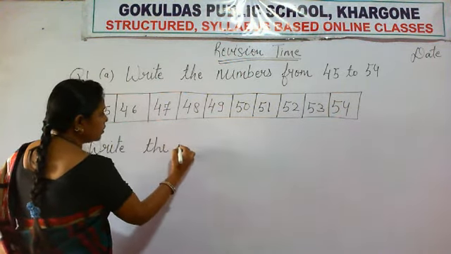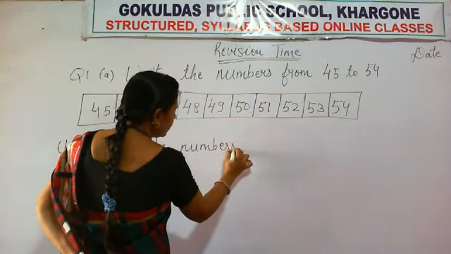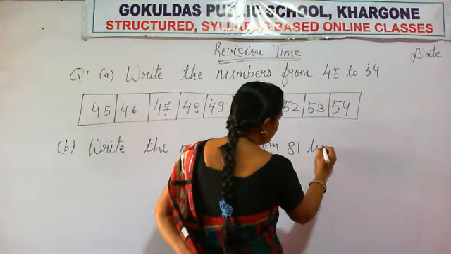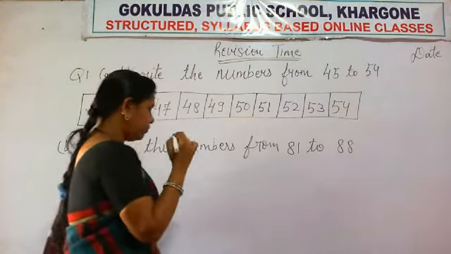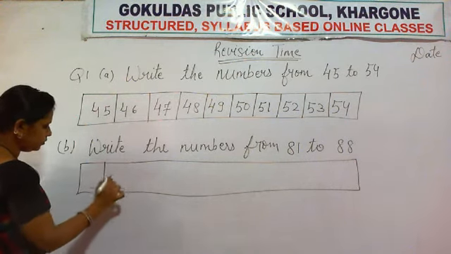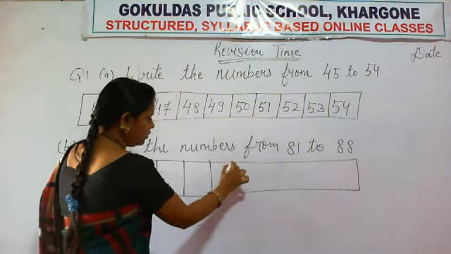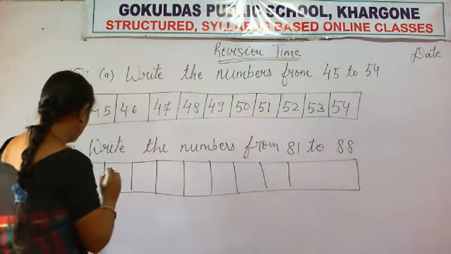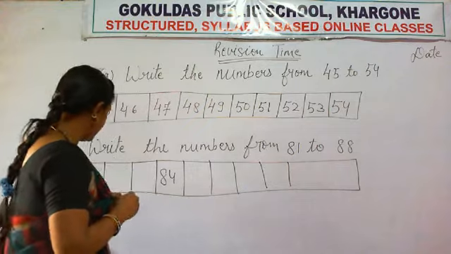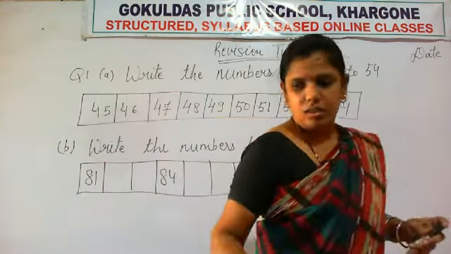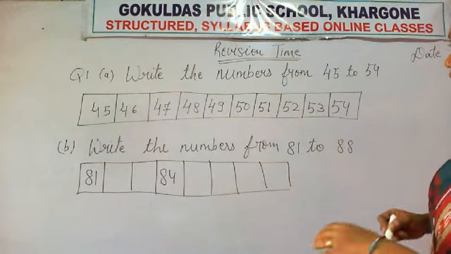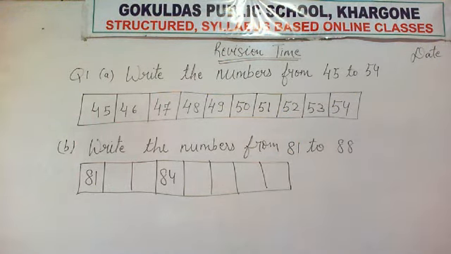Write the numbers from 81 to 88. Do this question yourself. Write the numbers from 81 to 88.